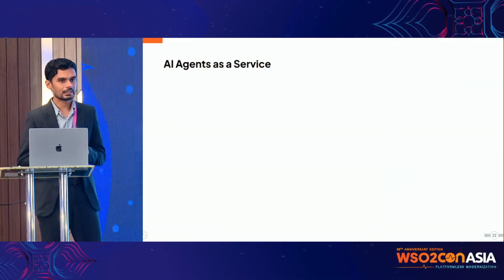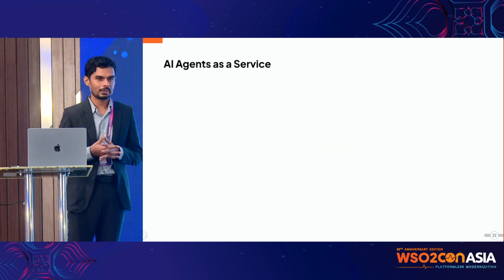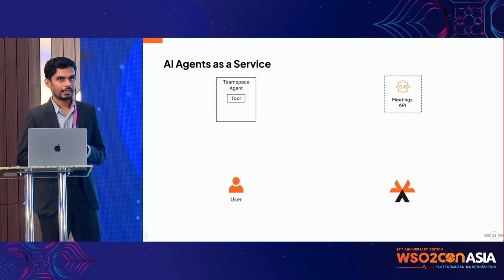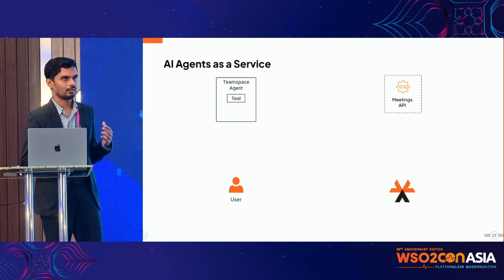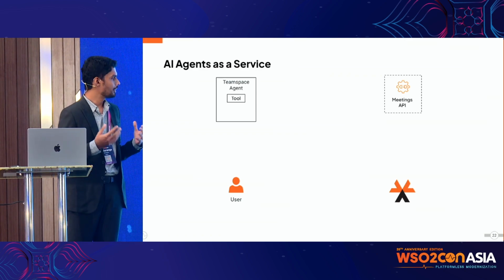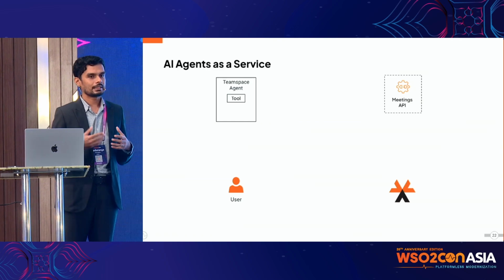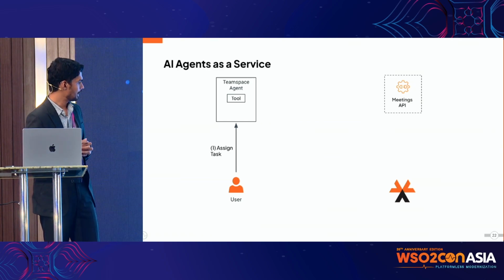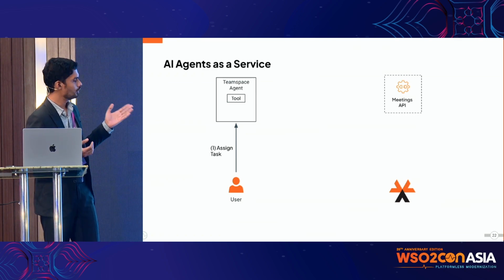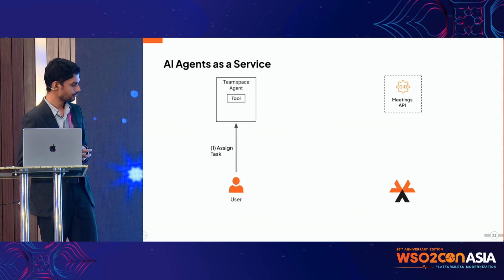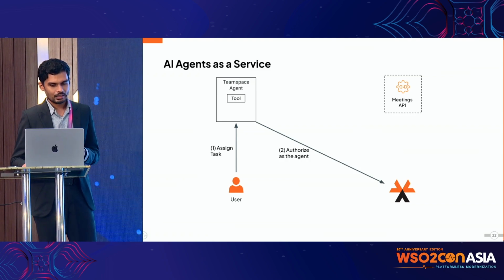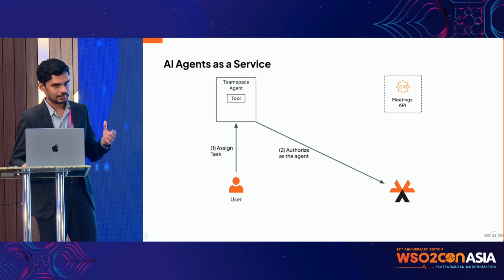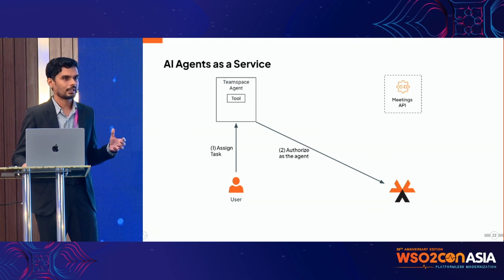So we'll be continuing with the TeamSpace example we already built. TeamSpace wants to provide an AI agent assistant for the users to be able to easily schedule meetings. So now the users can instruct the agent to schedule meetings in natural language. And once it is done, it will first authenticate as the agent with the credentials created for that agent.